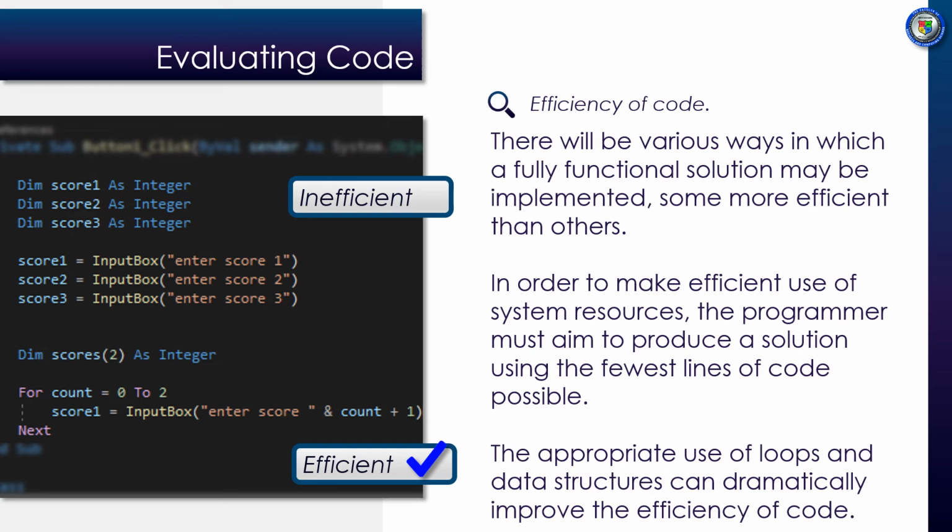In our second example, which is far more efficient, we have reduced the number of lines of code by using an array, and we have used a fixed loop to carry out the same instruction a number of times. The programmer can use loops and other constructs to dramatically improve the efficiency of our code.